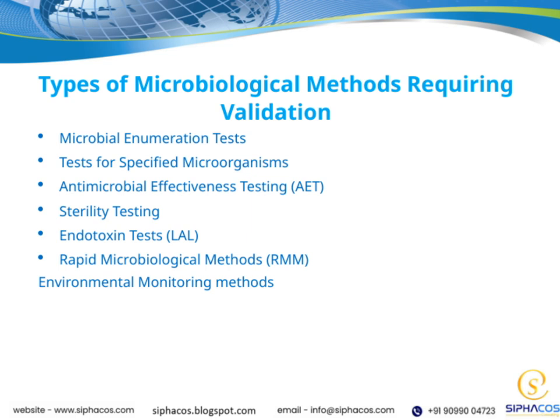Antimicrobial effectiveness testing, or AET, is another key area. It verifies that preservatives in our products work as intended to inhibit microbial growth. Sterility testing is essential, especially for products that must be free from any microbial contamination before reaching consumers.